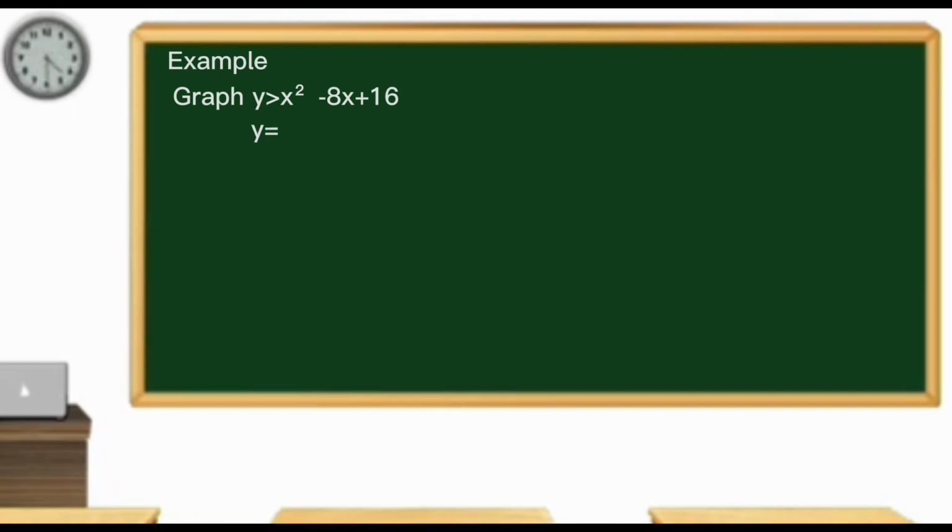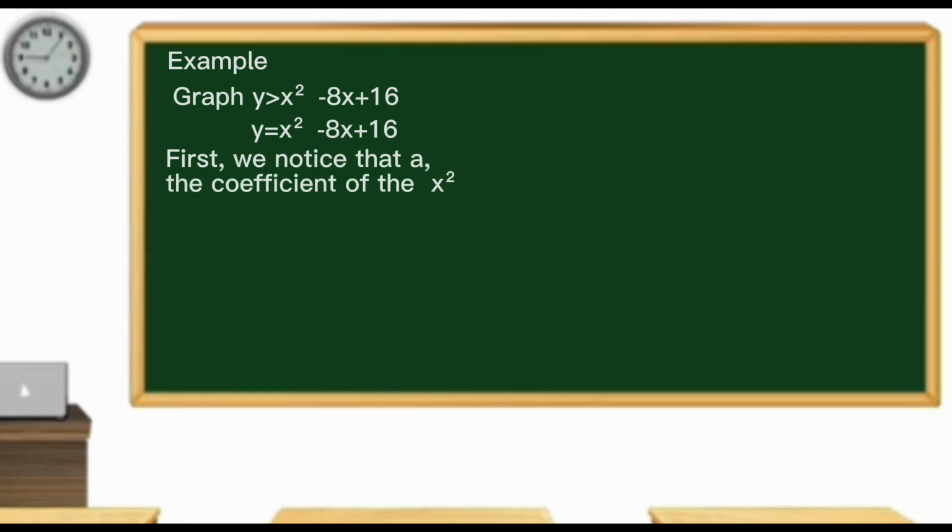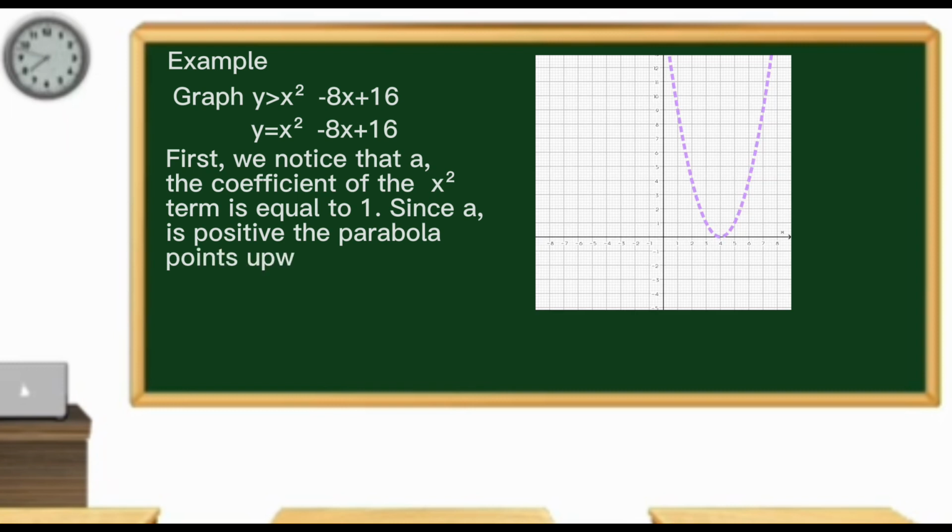The related equation is y equals x squared minus 8x plus 16. First, we notice that a, the coefficient of the x squared term, is equal to 1. Since a is positive, the parabola points upward.